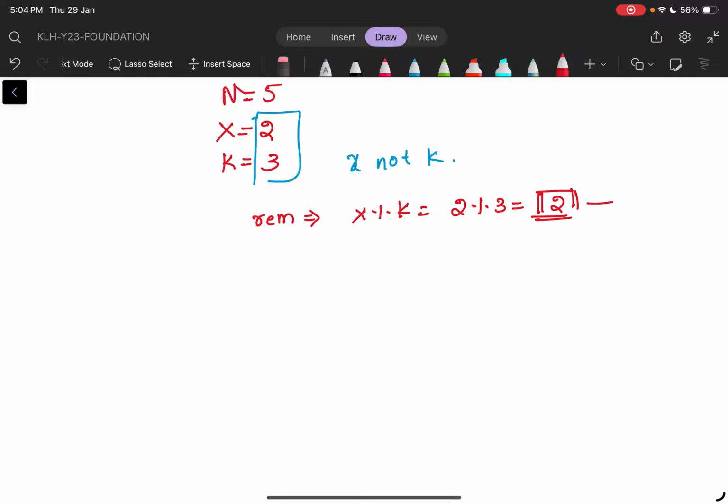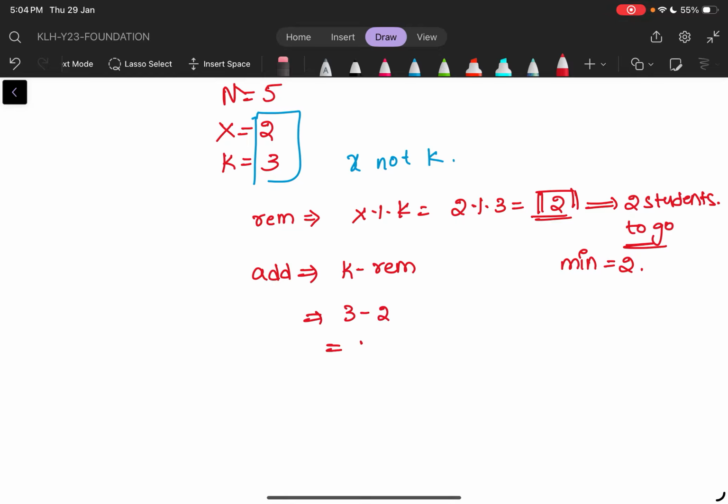We can convince these 2 students not to go to the trip, then the minimum will be 2, or we can add some number of students using the formula k minus remainder, that is 3 minus 2, which is 1.